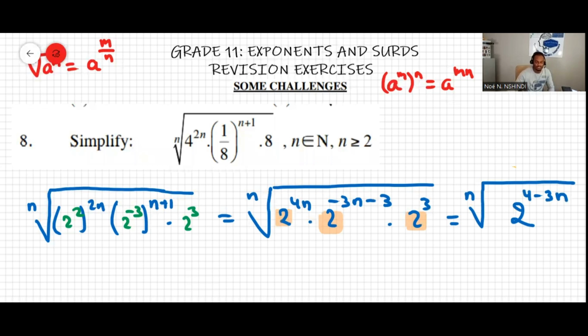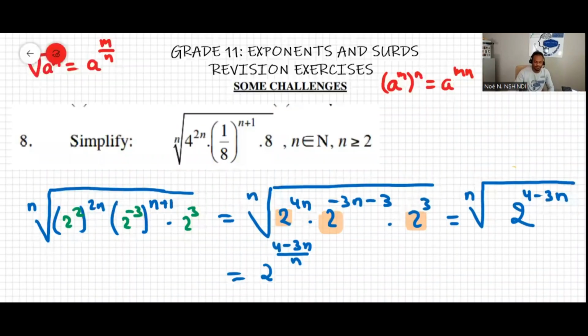Then this can be written as 2 to the 4 minus 3n over n. Excuse me, I think I've got it wrong here. In the bracket here, it's 4n minus 3n.